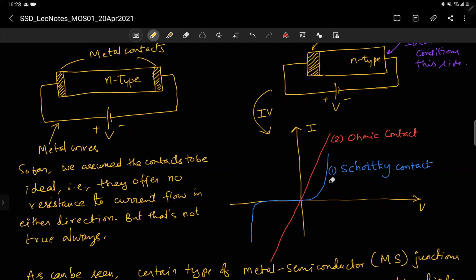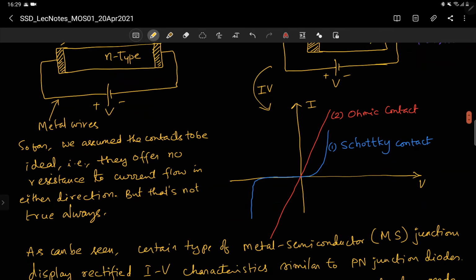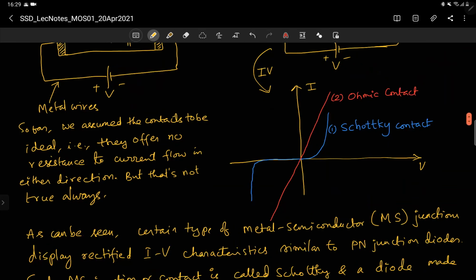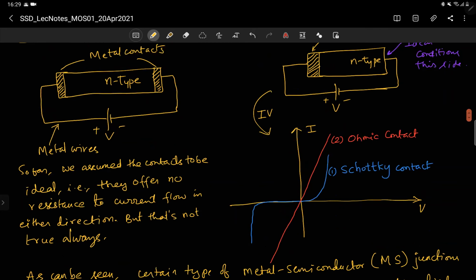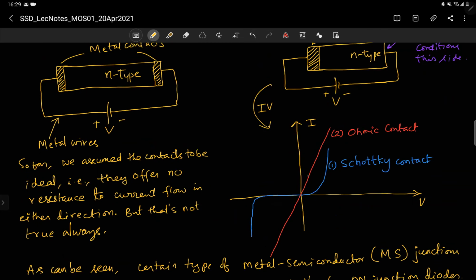One kind of IV characteristic is like this, and sometimes you see another kind of characteristic like this, the ohmic contact. These are the kinds of IV characteristics possible with a contact. If it is an ohmic contact like this, it is called ohmic because I versus V is linear. So this is like a resistor, right?